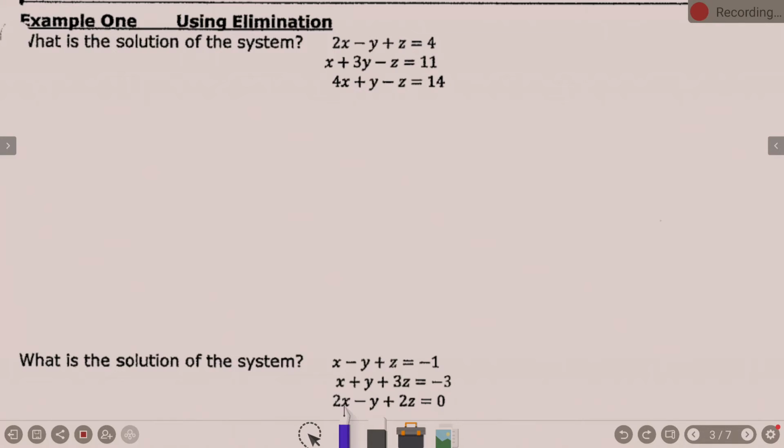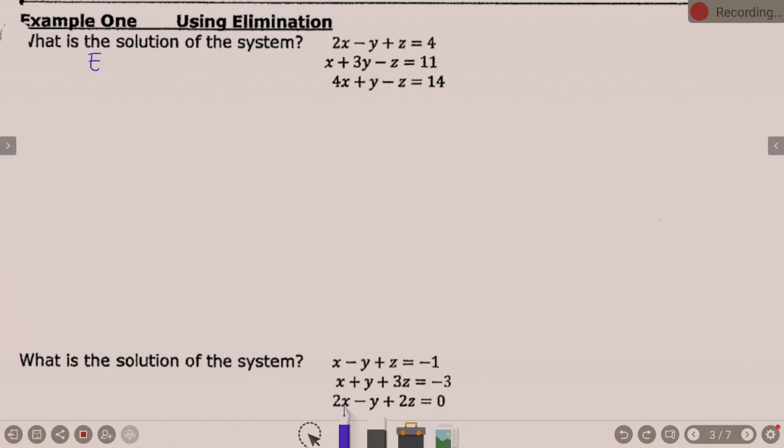As you look at our 3 equations, what does your gut say to eliminate? X's, Y's, or Z's? Z's? Why would your gut say to eliminate Z's? They all have the same coefficient of 1Z, whether positive or negative. So the first thing is you need to pick a variable to start off eliminating.